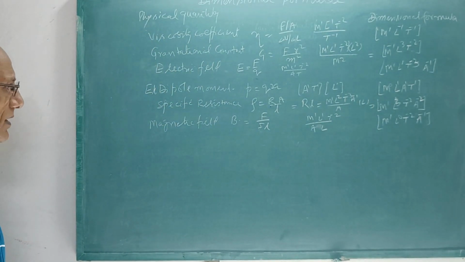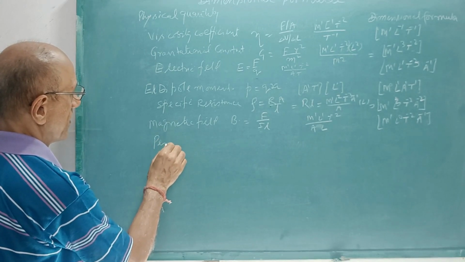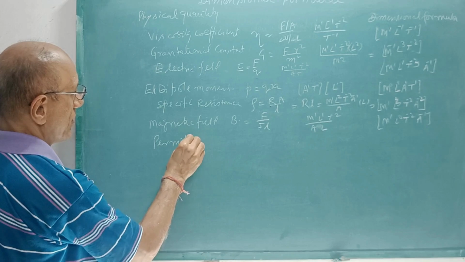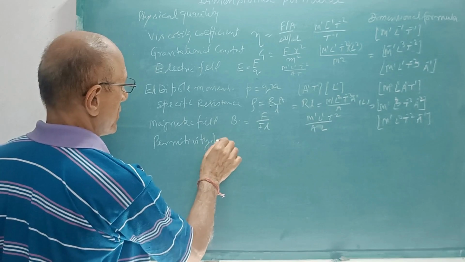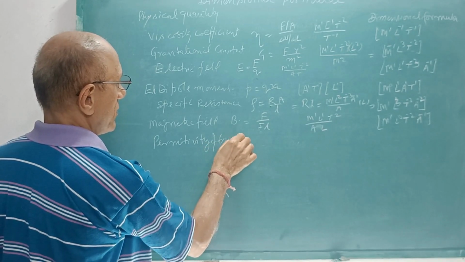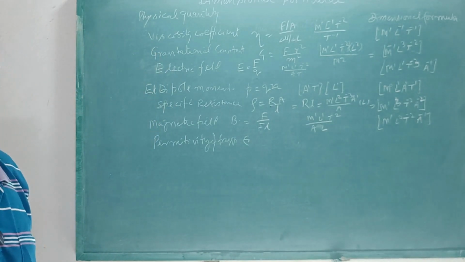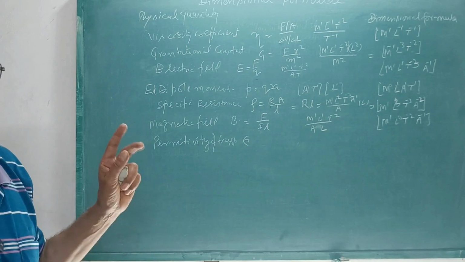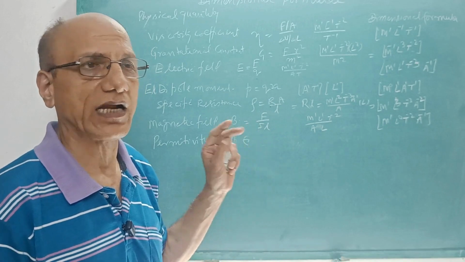Now permittivity, electric permittivity. Permittivity of free space, that is epsilon naught. The electric force is 1 upon 4 pi epsilon naught Q1 Q2 upon R square.